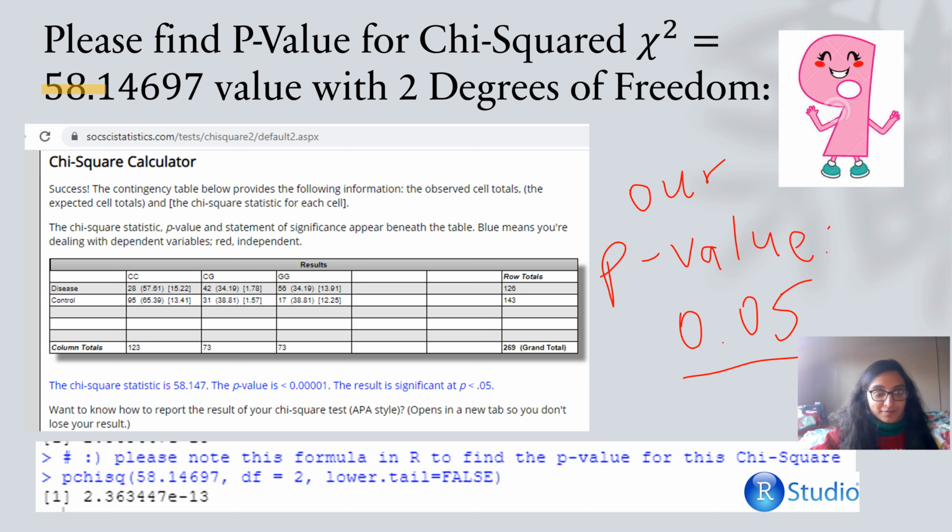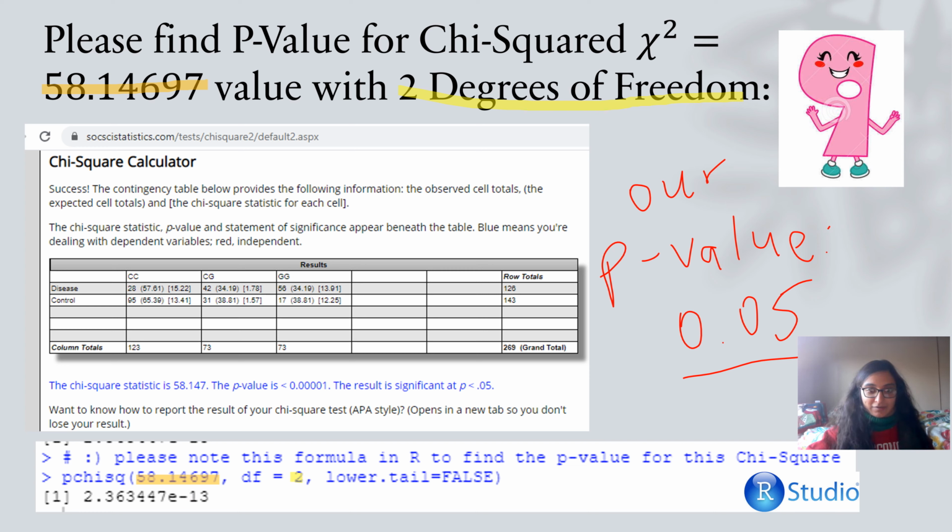If you have this value, you just put this value here. And for your degrees of freedom, you would do this, and that's what happens here. So this is how you would find that, okay, so instead of this being really, really small, it's actually 2.36 times 10 to the negative 13.